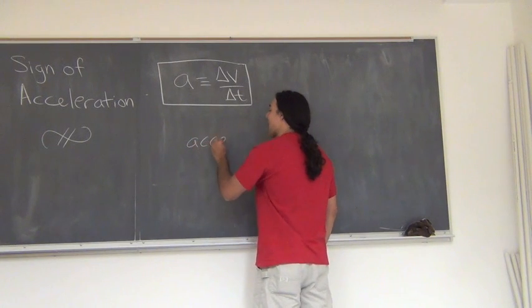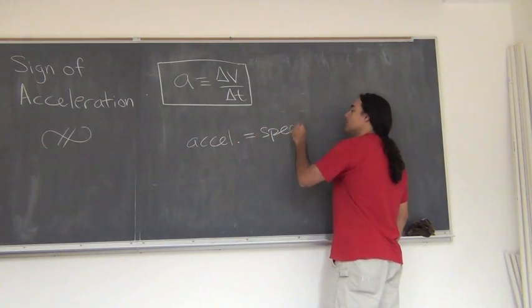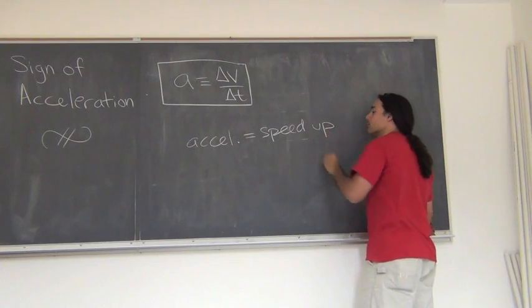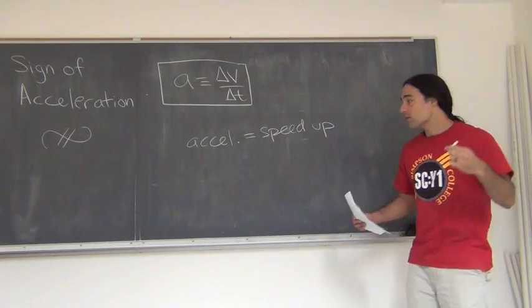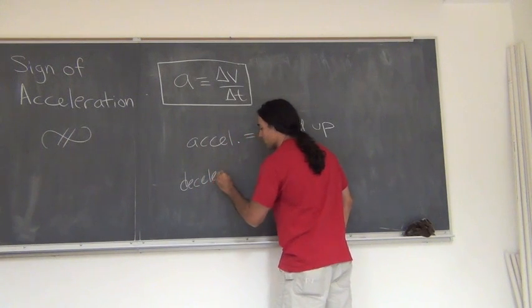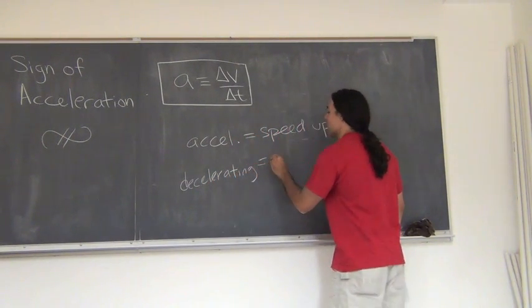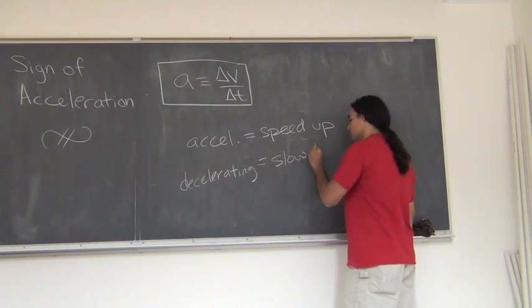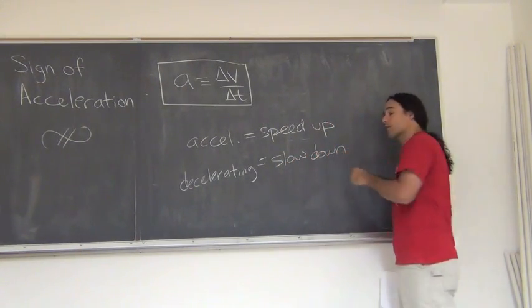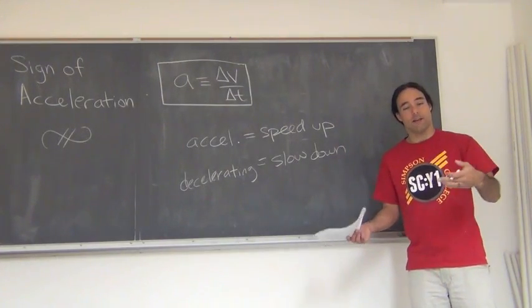Accelerating would mean that you're speeding up. However, if you were decelerating, a normal person would say that you are slowing down. Accelerating, speeding up, decelerating, slowing down. That's how we speak in normal everyday life.